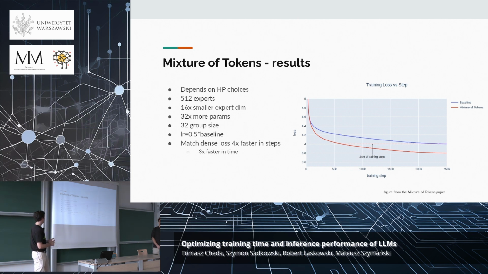But what was reported in the paper was that if you create 512 experts inside each MLP layer, and you tune the size of each expert so that the combined MLP would be 32 times wider than the original model, and then you group 32 tokens before processing to get the same compute, then you will actually train 4 times faster in terms of the steps taken and 3 times faster in terms of time. That slight difference is because, well, we are doing the routing and also we're doing more independent computations, so we lose some efficiency there.